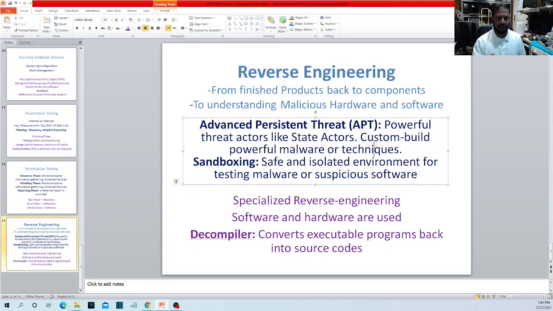They have the time, resources, and the expertise to make very sophisticated kinds of threats, kinds of malware, kinds of techniques that they devise to hack very highly secured opponent systems. They are called advanced persistent threats. Those actors are called the threat.